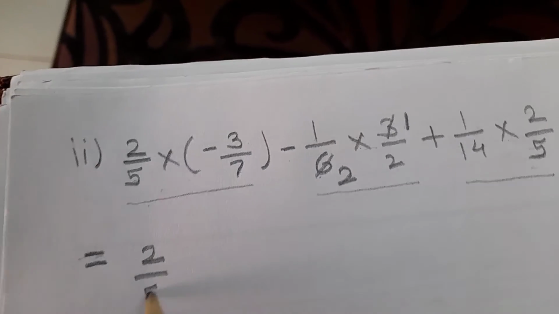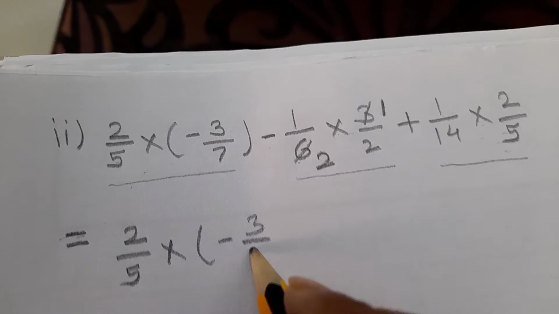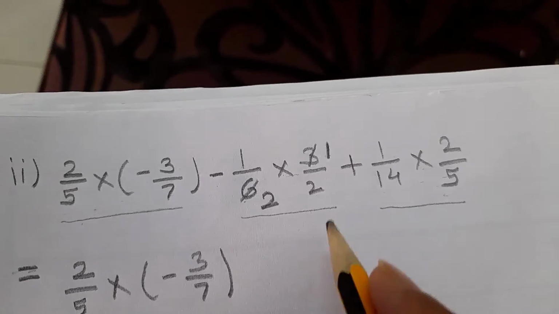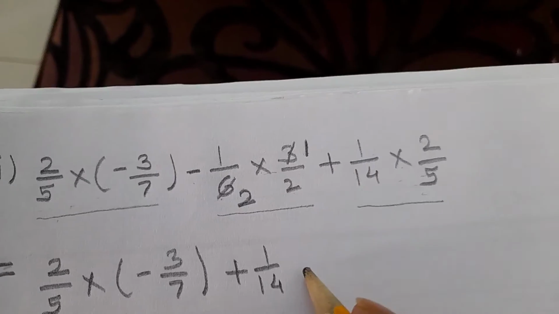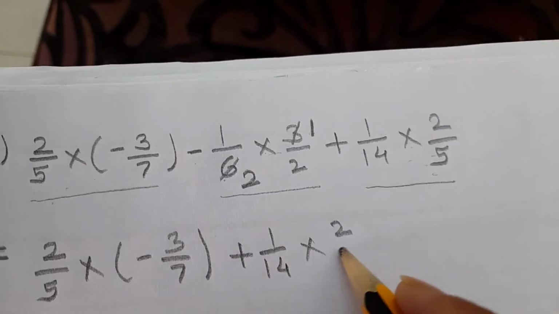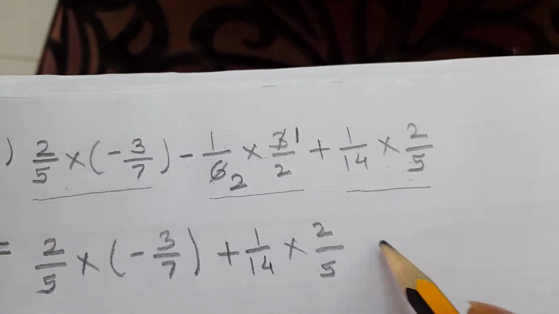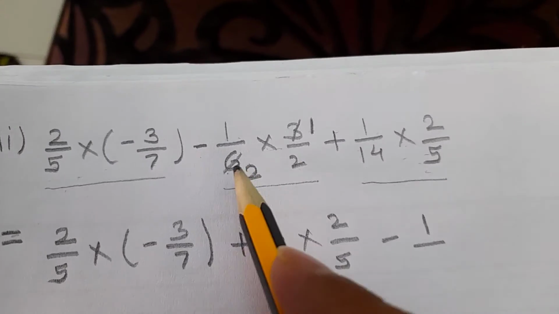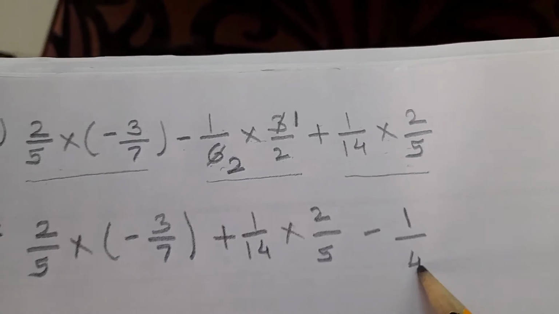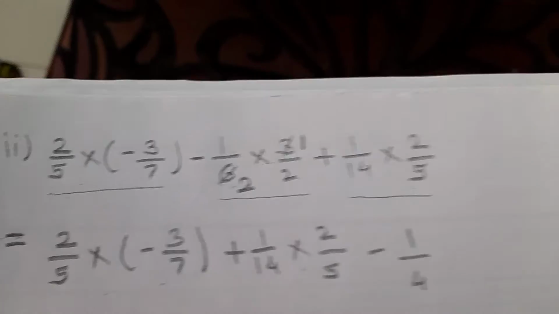Let us write 2 upon 5 multiplied by minus 3 upon 7. We will write this first, 1 upon 14 multiplied by 2 upon 5. And then we will write minus 1 into 1, 1. 2 2s are 4. We used commutativity here.